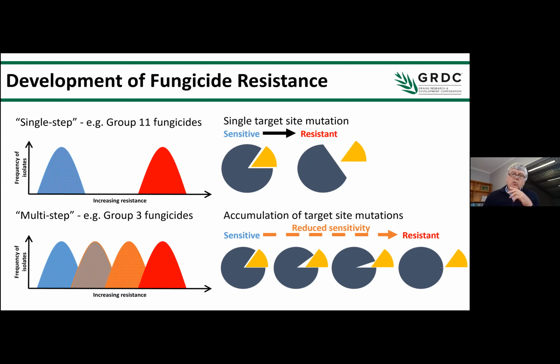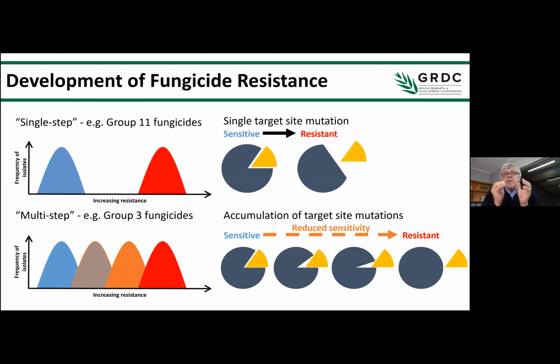That has to be contrasted with something we call reduced sensitivity. And this is particularly appropriate with our triazole fungicides. Our triazole fungicides act on the proteins that produce the fungal cell membrane.